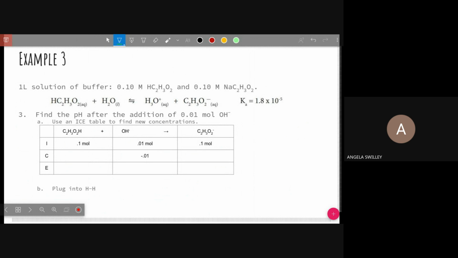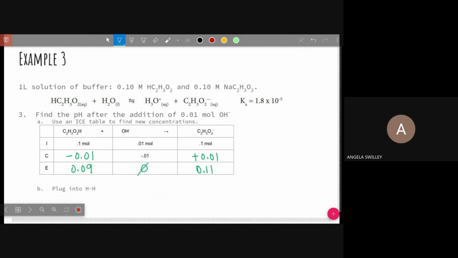All right, so we used the same concentrations as last time because they've given us the same addition of OH negative. And so again, this is going to change by minus 0.01 to get 0.09. And we're going to have a plus 0.01 in our products here, and that's going to give us 0.11.